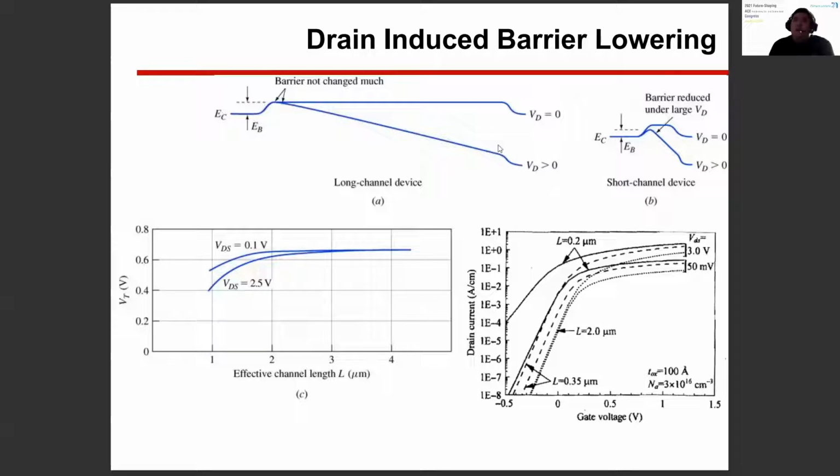The energy level of the drain is lowered, so the barrier is lowered. In short channel devices, the effect of the drain voltage is much more impactful than in long channel devices, so the threshold voltage is lowered. This is called the drain-induced barrier lowering effect, also called DIBL.